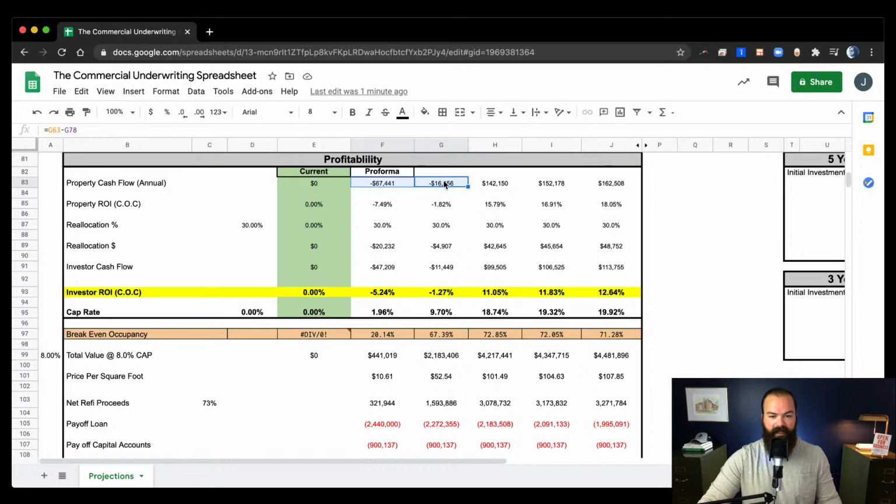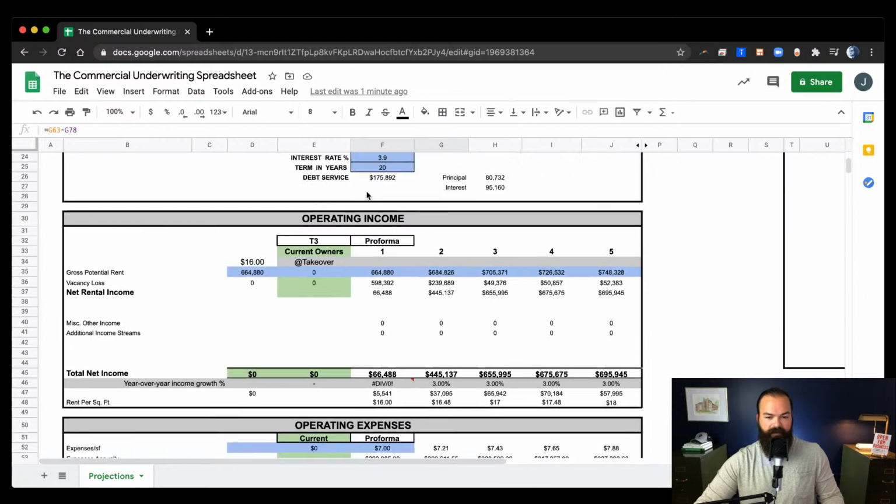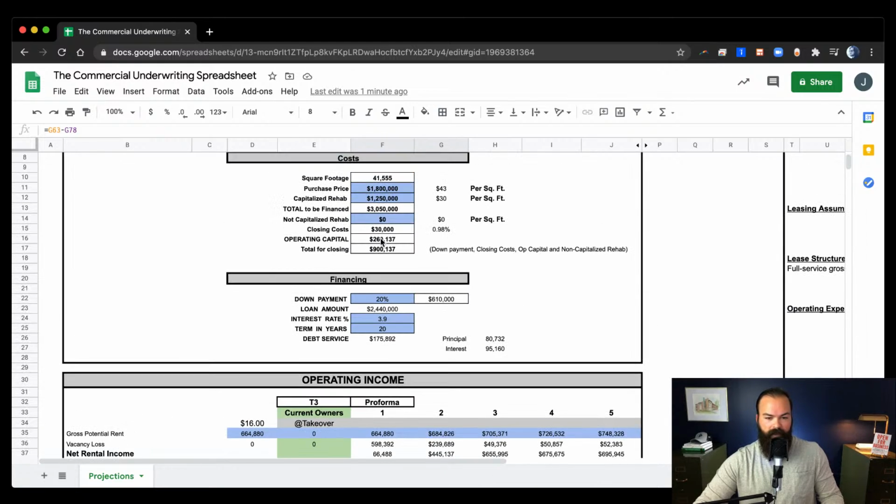So we have a negative dollar amount that we have to account for on the front end raise. So at the very top, there's an operating capital tab that takes those numbers into account, and that will show you how much you need to raise in order to not only carry the mortgage and interest for a bit, but any negative operating expenses you'll have until you're ready to go.